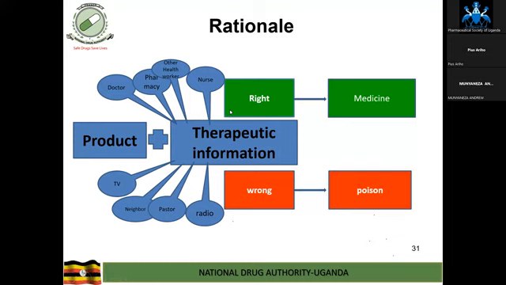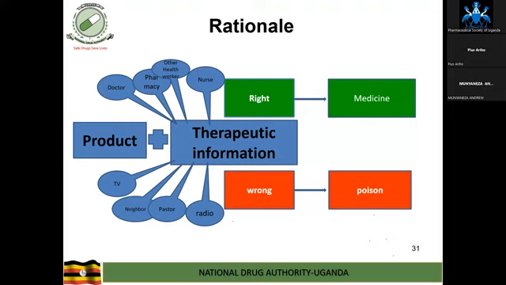But healthcare professionals receive different information, in the same way as a pharmacist. You know that there's an over-the-counter drug that can be accessed by the public, but there's a prescription-only drug that the public should not be accessing without a prescription, that needs the expertise of a healthcare provider.